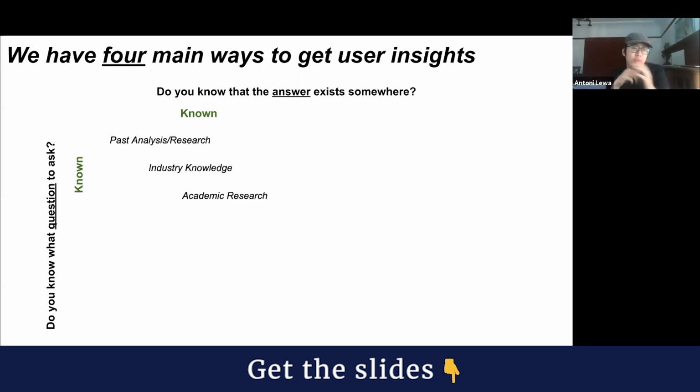If you do know both of them, then arguably you can just get the information very quickly through maybe doing some past analysis or research, or this is something that is maybe common industry knowledge, or even if your product is more technical in nature, then you can even refer to some academic papers to get your answer.